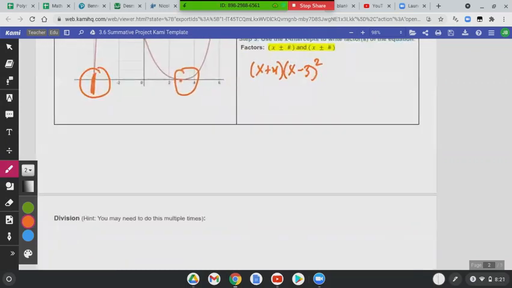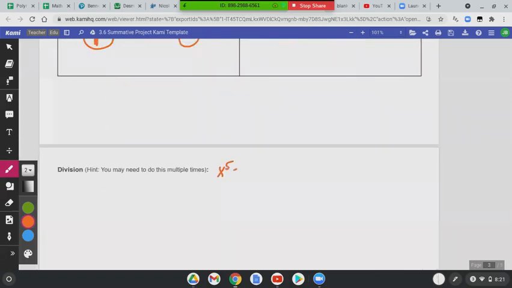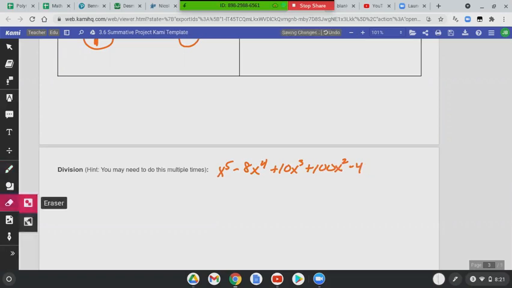Okay. So recall here that I have x to the fifth minus 8x to the fourth plus 10x to the third plus 100x squared minus 411x, and then plus 468.